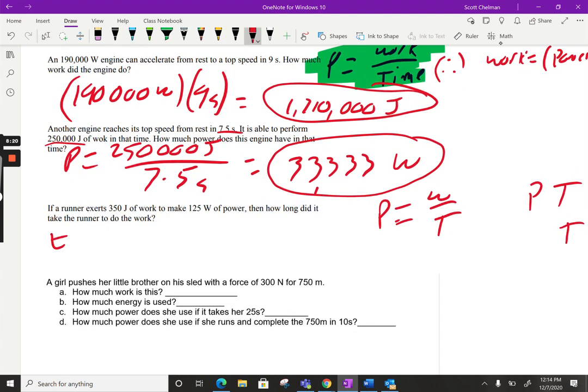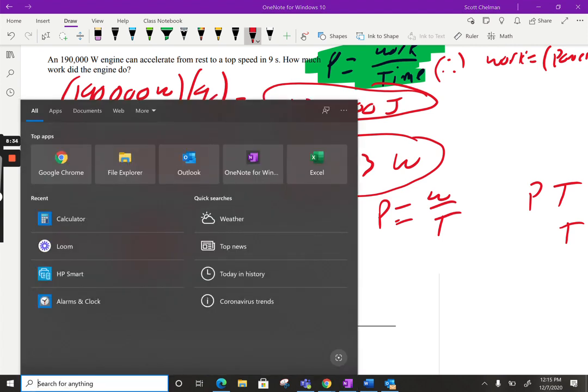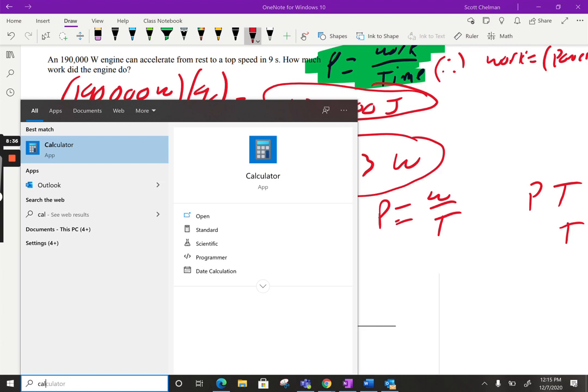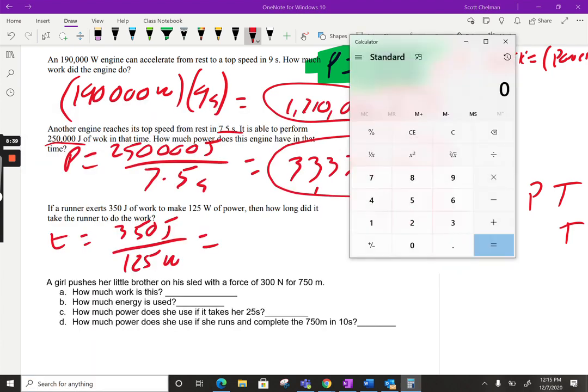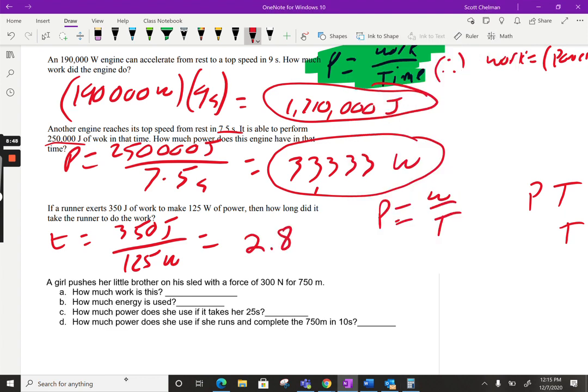So, 350 joules divided by 125 watts. That gives 2.8 seconds. All right? Questions on that?